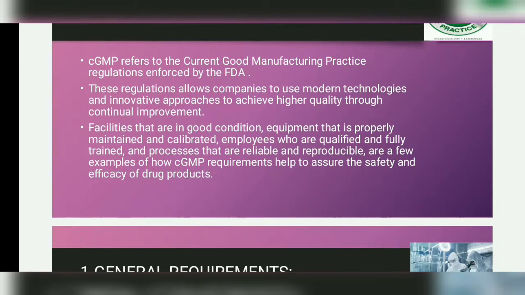So, what are some examples that show that CGMP helps to assure safety and efficacy of drug products? These examples are facilities that are in very good condition, equipment that is properly maintained and calibrated, employees that are well qualified and fully trained, and processes that are reliable and reproducible.